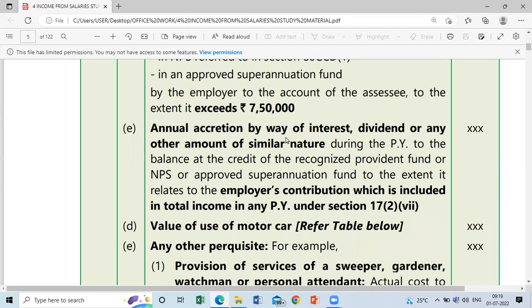So my employer gifted me a new mobile worth rupees 4,999. Not taxable. My employer gifted me a new bicycle worth rupees 3,999. Not taxable. Gift 5,000 से कम है तो not taxable.